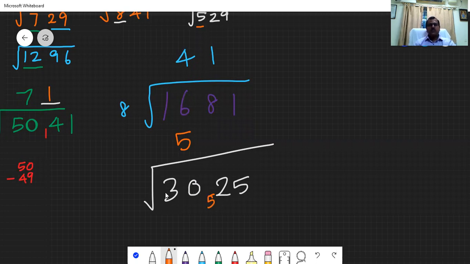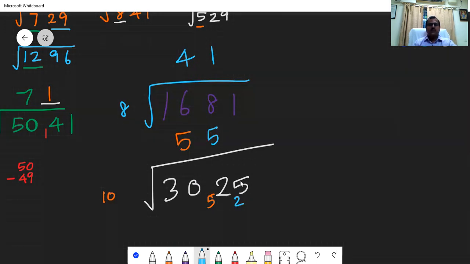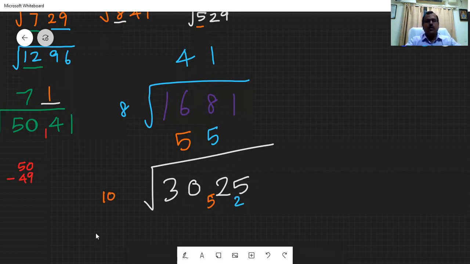Twice the 5, 2 fives are 10. Number of 10 in 52 is 5. 5 tens are 50 only. We have 2 balance. Now this is 25. Square the 5 is 25. 25 minus 25 is 0. So the square root of 3025 is 55. Now I'm going to give a problem.